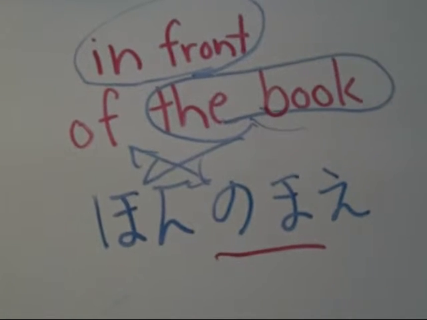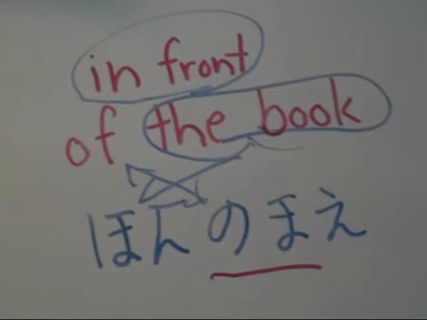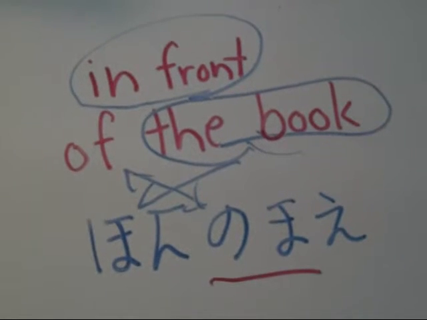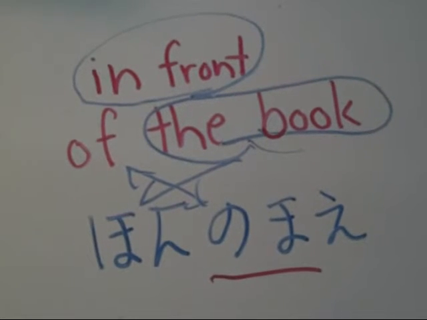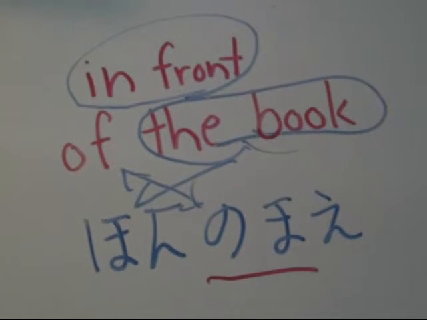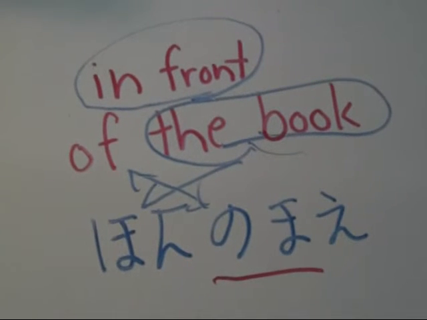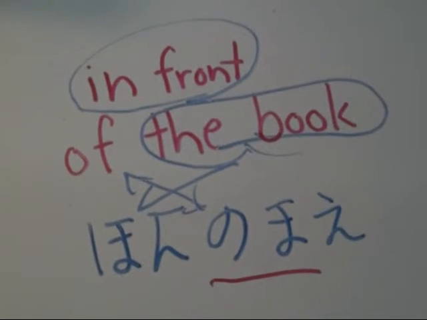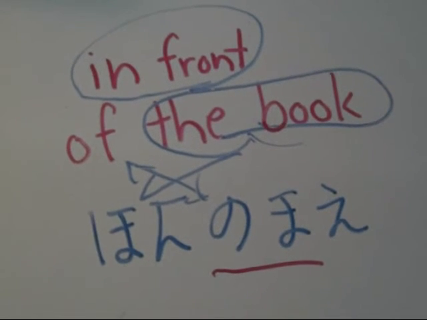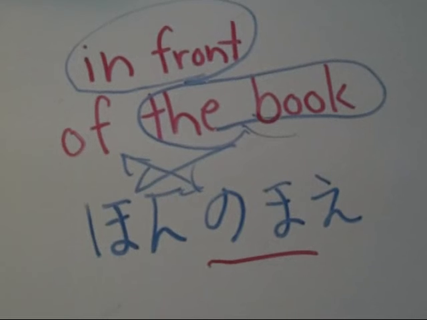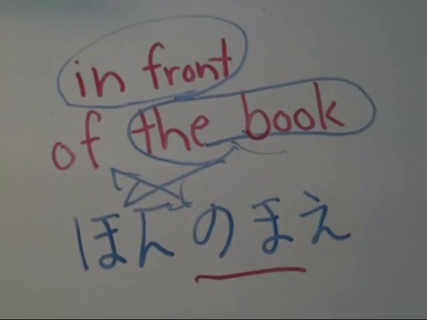So now that you know this, you know how to say, for instance, hon no migi or hon no soba, meaning respectively to the right of the book and near the book. And you know things like hon no ushiro, usagi no ushiro, respectively the book's behind, the rabbit's behind. Usagi-chan is amazing. So thank you very much.